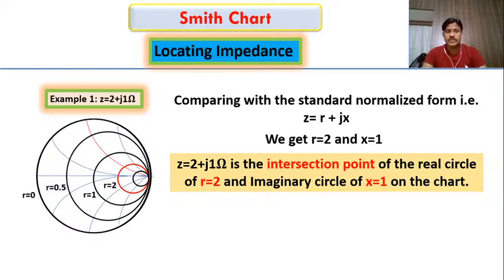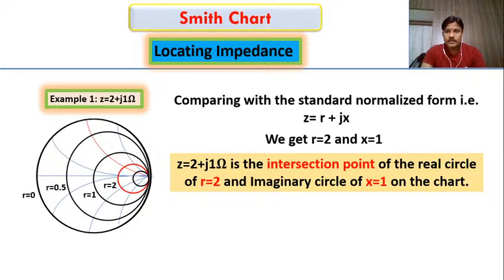So let us assume this red colored circle is, for example, R equals to 2. Then we want the imaginary part also in order to represent the impedance. Only by considering the real part, the representation of the impedance point will not be complete. Now coming to the imaginary part.